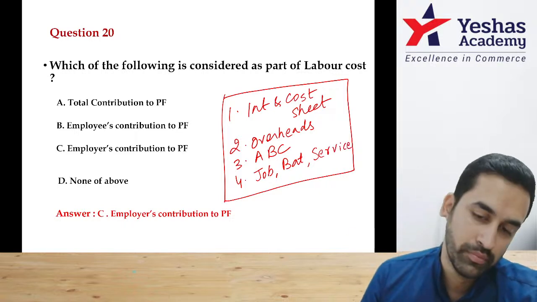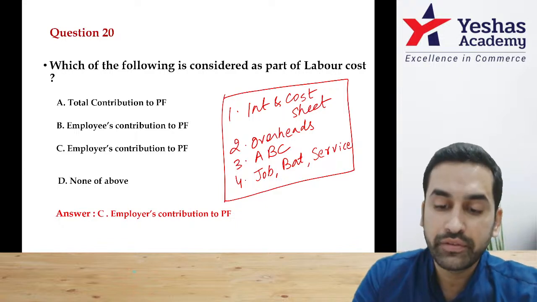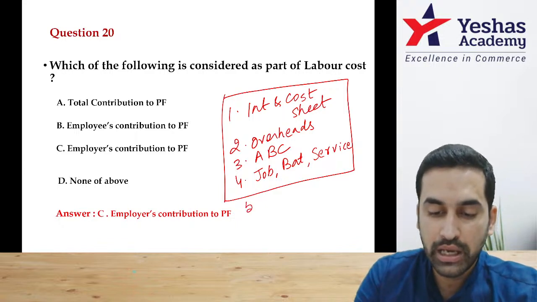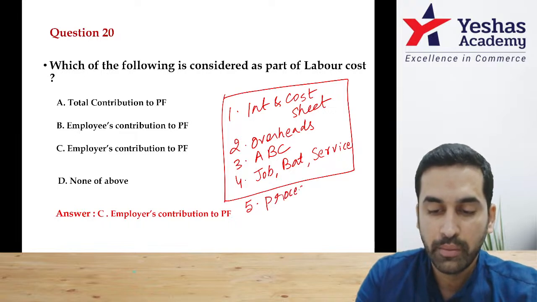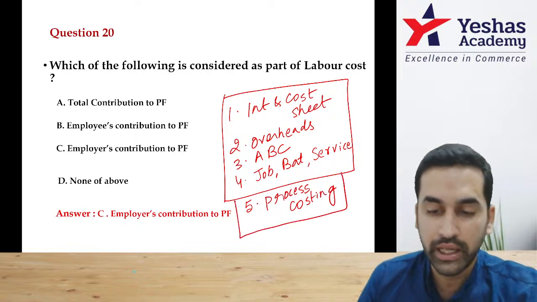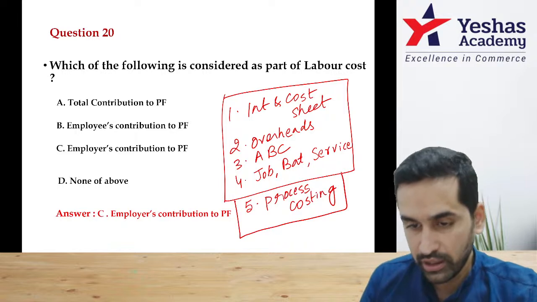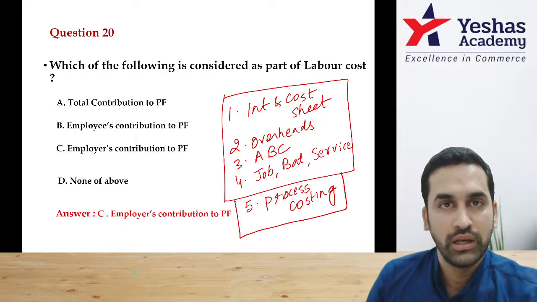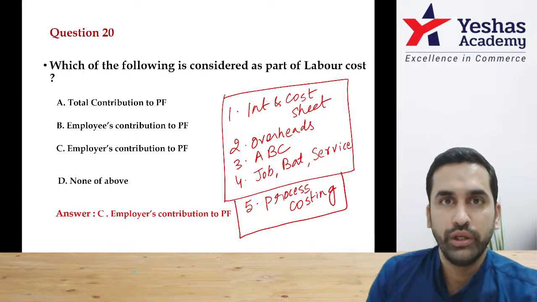After this, if time permits, I will even touch the process costing topic. This depends, if time permits, then only. Anyway, from your side, you prepare all of this and attend tomorrow's YouTube live.